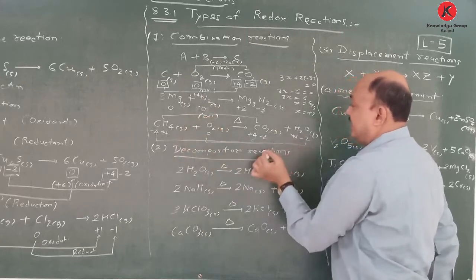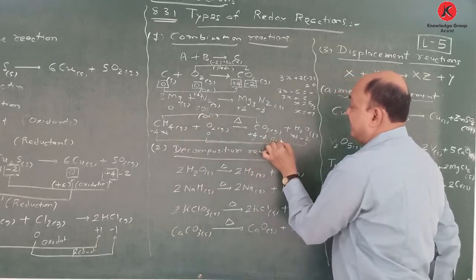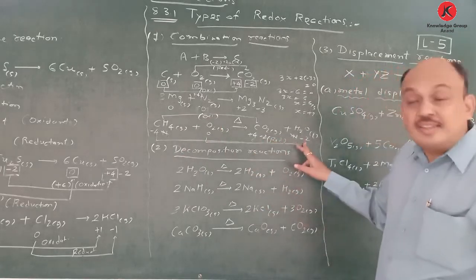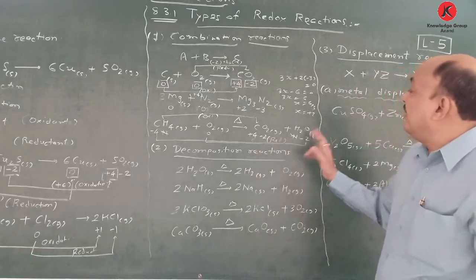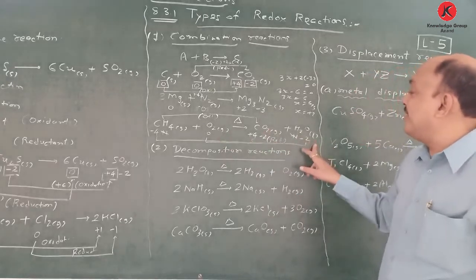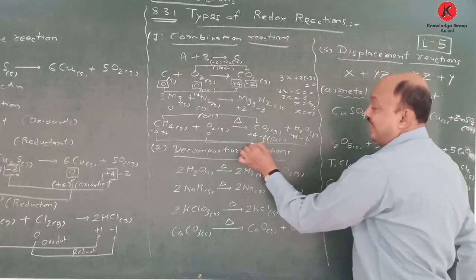For O2, the oxidation number decreases, 0 to minus 2, which is considered as reduction reaction. It's a very easy example. O2 going to minus 2 is also reduction.